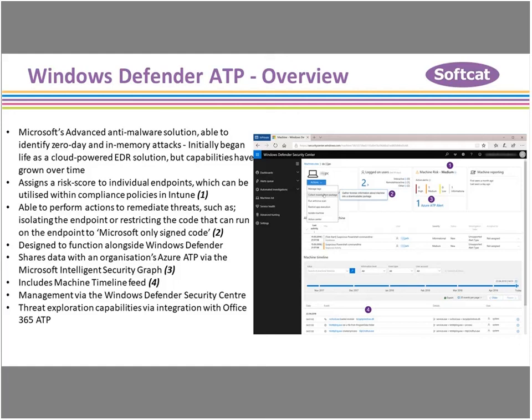And one of the great things that it does, which is a recent addition, is that it assigns risk scores to endpoints. You're then able to actually act upon that risk score. So we talked about doing risk-based conditional access at the identity level. We can now do that at the device level as well.